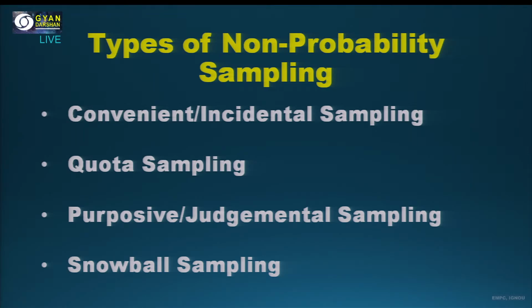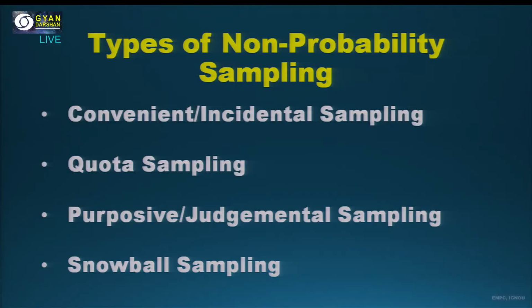Now let us see some of the non-probability sampling techniques. I was saying that in non-probability sampling, we don't go by probability. Each individual, each member, will not be given an equal chance of being selected.